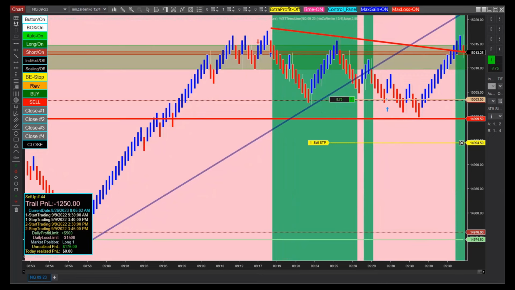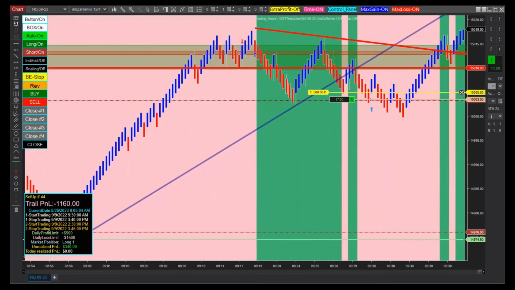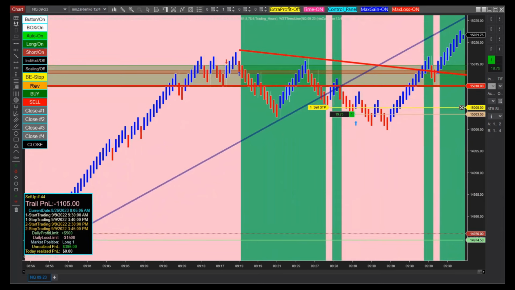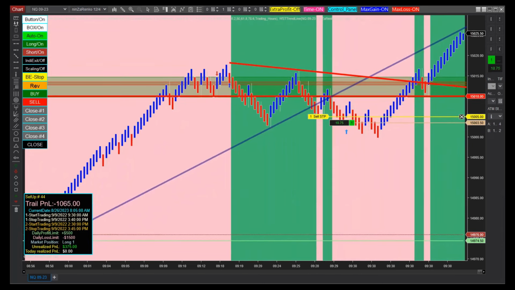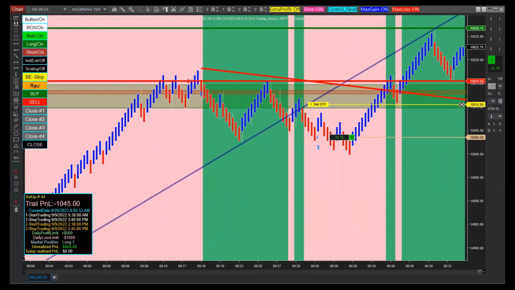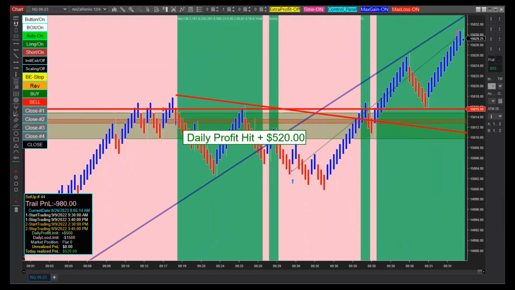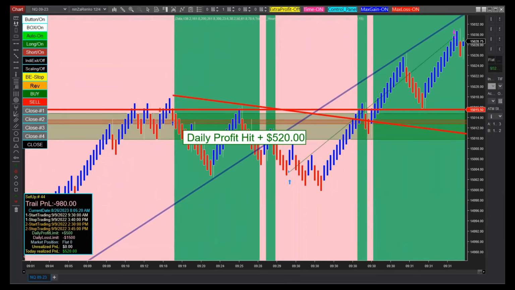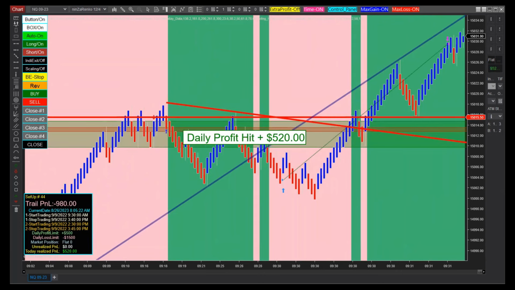It's all about the money management. Now you see how it moves, right? Once you're in the money, it begins to find support levels. I say support levels because we are in a long trade. And here it is, nice and fast. And again, look how small that stop was in the beginning of that trade.